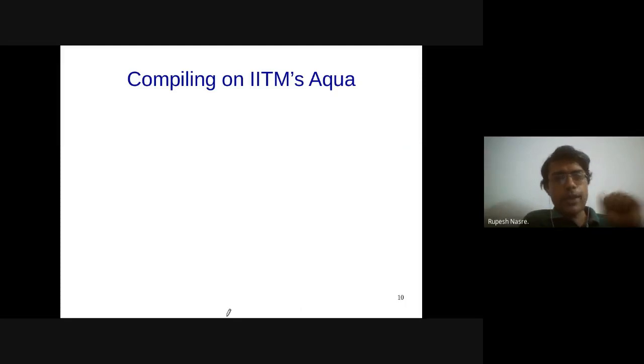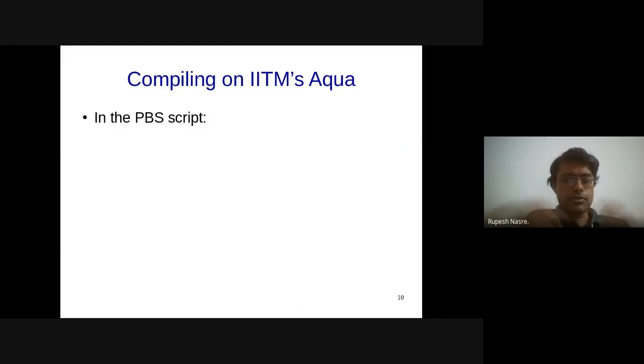How do you compile on IITM's Aqua cluster? This I'll just take 5 minutes to explain. In Aqua, you have a queuing system, and you need to use some syntax in your PBS script. PBS is the job scheduler, which manages all these queues.